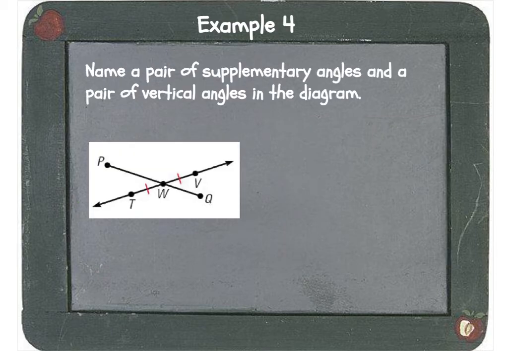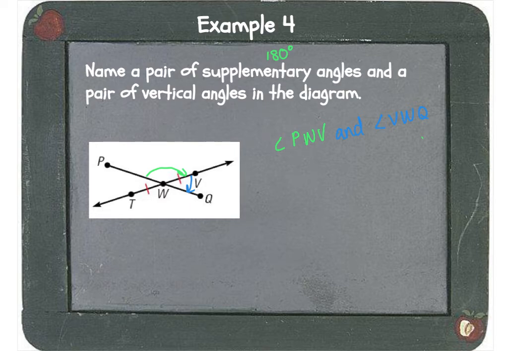All right, name a pair of supplementary angles and a pair of vertical angles in the diagram. So remember, supplementary, we should always think of 180 degrees. Supplementary, S S, straight, it should form a straight line. So two angles that form a straight line, there's a few of them, but we could label PWV, that's this one right here. And then we could have also labeled VWQ. Okay?